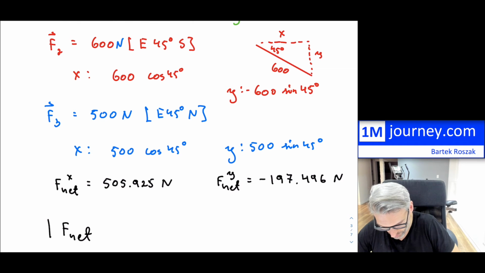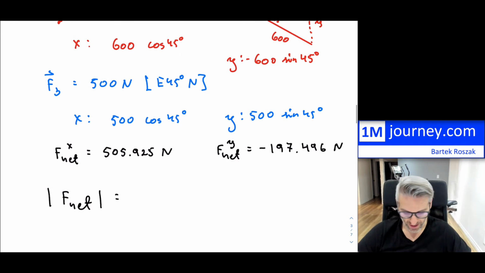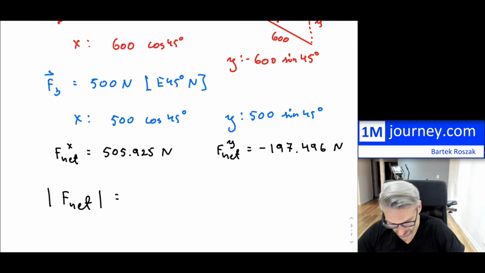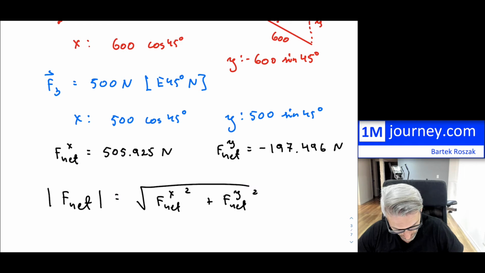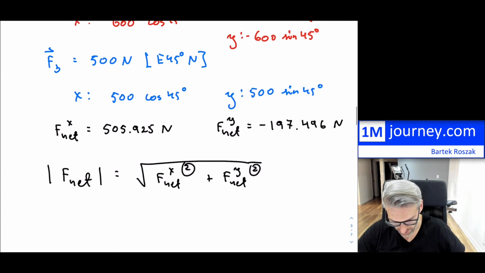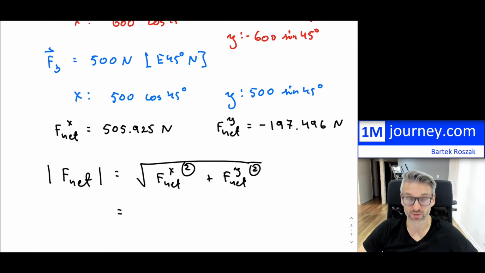The total magnitude of F net is found by the Pythagorean theorem: you take the square root of the F net X component squared plus the F net Y component squared. So we're going to be squaring these. Let me do that, again in fast forward fashion, and let's see what we get.